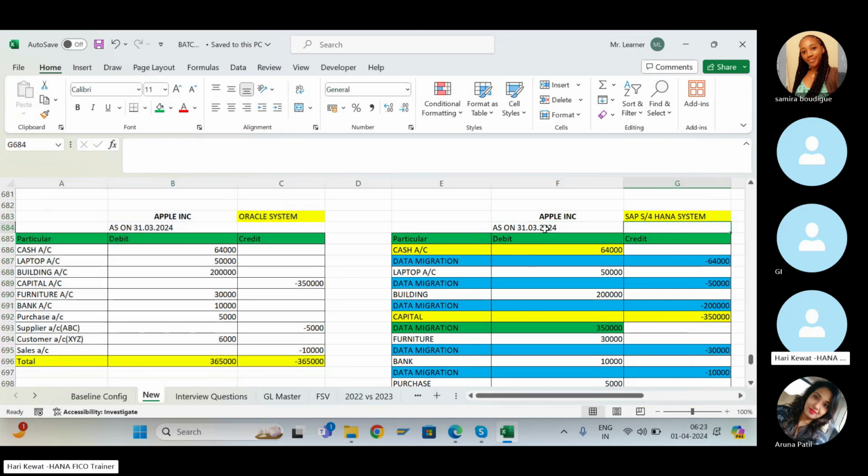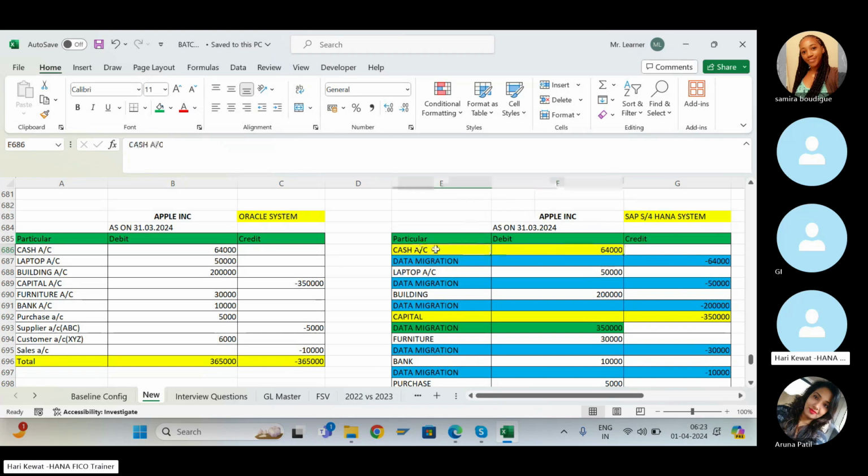So how to upload? Let's say this is your SAP system. For each line item, let's say in the Oracle system you have a cash balance of 64,000. In the SAP system you have to load it as cash account debit 64,000. But you know that to post any journal entry you need at least a debit and a credit.